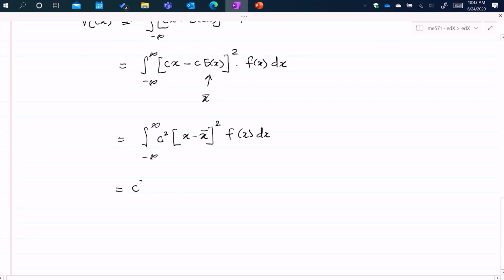And this is nothing but c squared times expected value of (x minus x bar) whole squared. Okay, this is what I recognize this quantity to be.